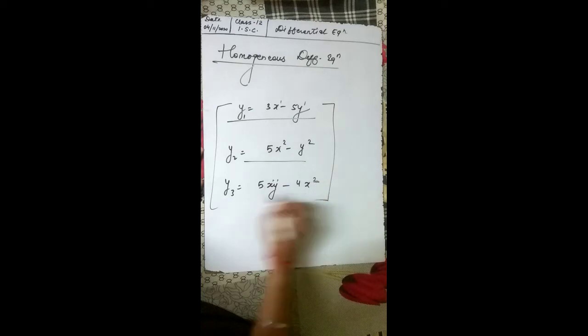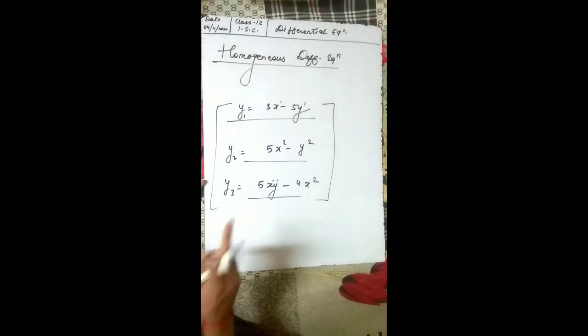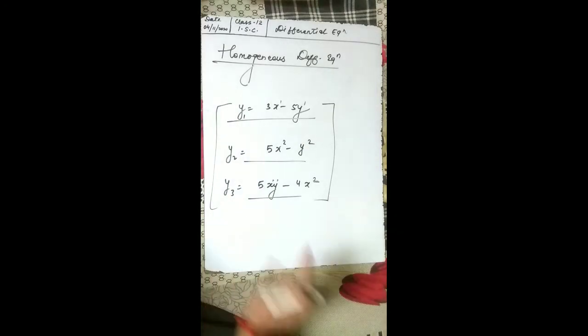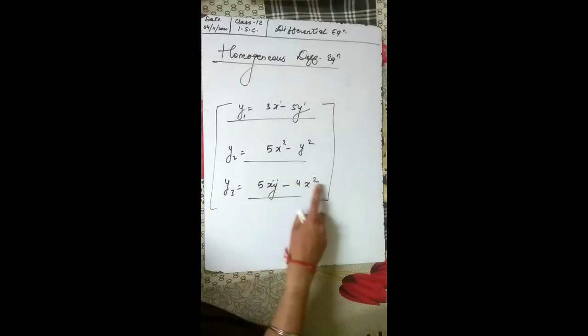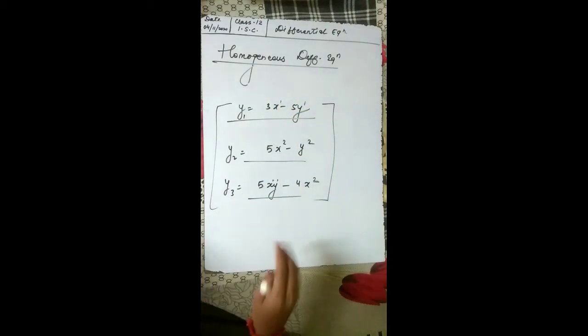A function is said to be a homogeneous function of degree n if their total degrees are the same. That should be the same. This is a very general idea of a homogeneous equation.